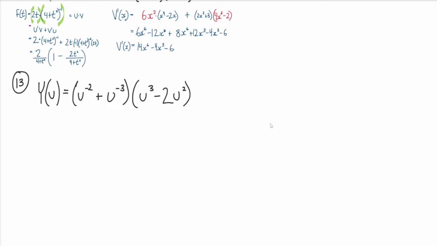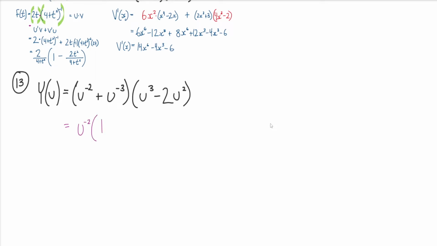And honestly, I might factor out some things first, right? Because I could probably get a u to the 2 out of both of those, one of them would be negative 2, one of them positive 2, so maybe they cancel, right? So I'm going to do some rearranging first. I'm going to factor out u to the minus 2.